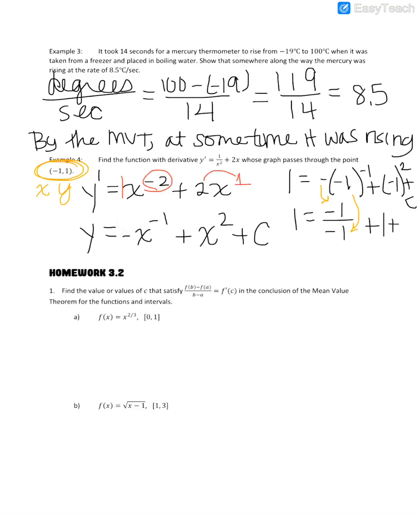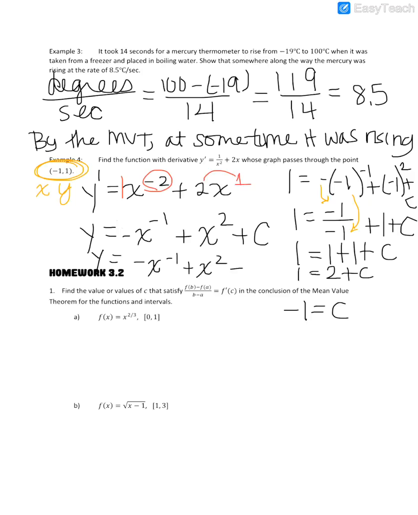Negative 1 squared is 1. So this would become 1 plus 1, so 2. When I subtract the 2, I get negative 1. So my final answer is y equals negative x to the negative 1 plus x squared minus 1. There we go.